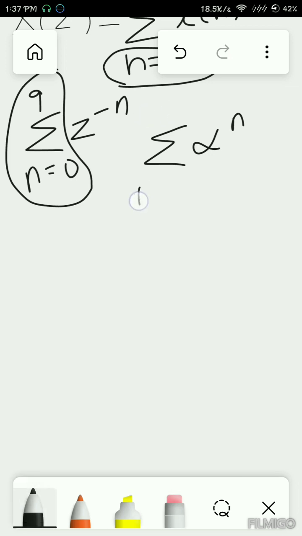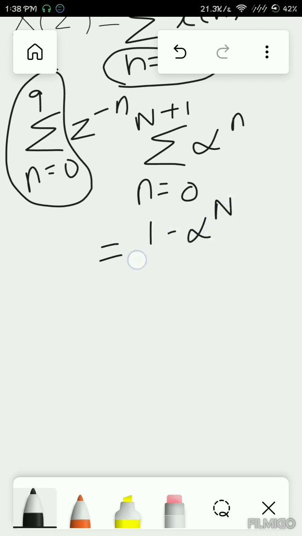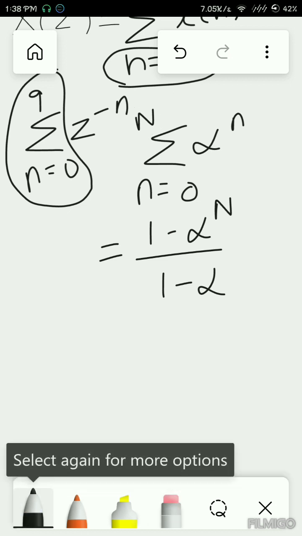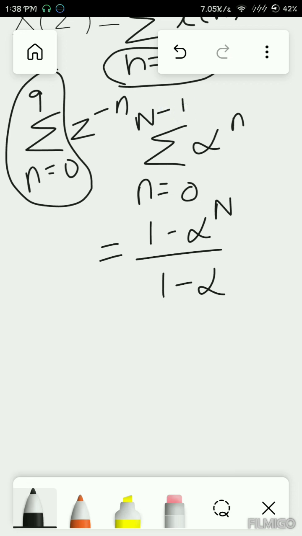What is the different summation? n is equal to 0 to capital N minus 1 of alpha to the power of n, and the formula is 1 minus alpha to the power of N divided by 1 minus alpha.